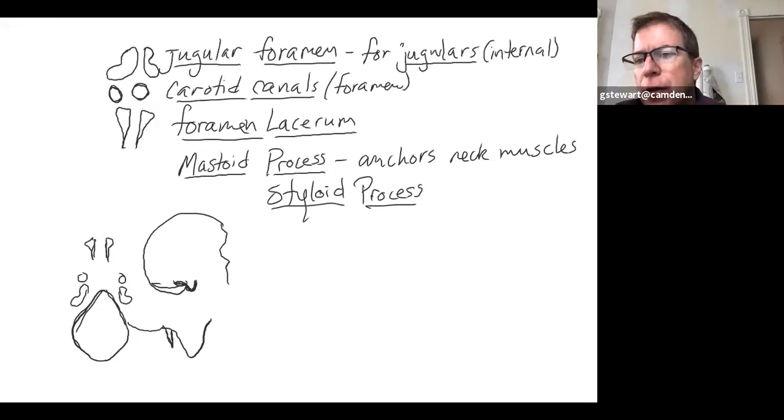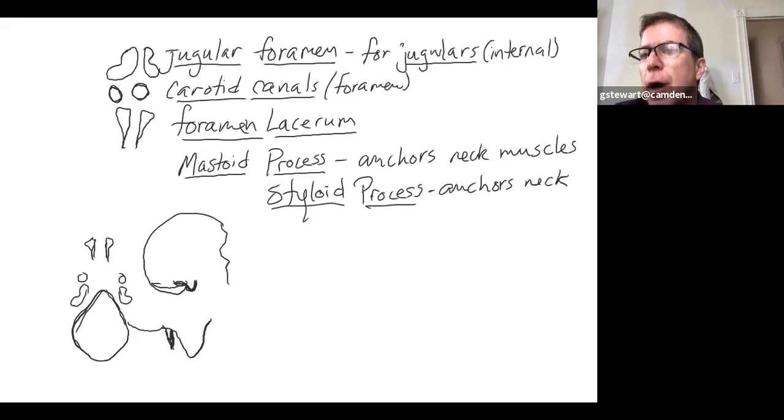And the needle that you put down on a vinyl record is called a stylus. That's how I always remembered this, because it looks like a record player needle. Anyway, this anchors neck and muscles of the tongue.